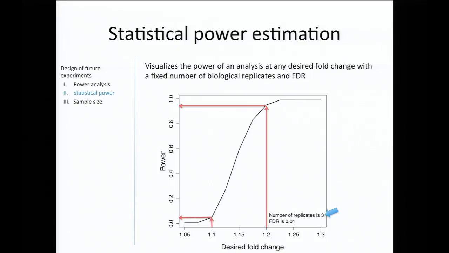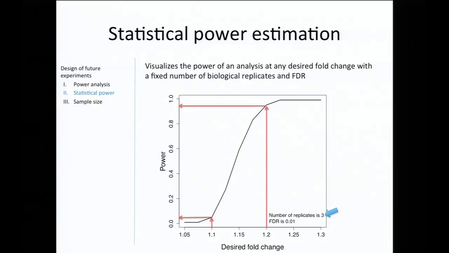So if you want to derive a statistical power estimation, you need to specify the number of replicates you have in your sample and the desired fold change and false discovery rate. And then what MSstats gives you is a plot where you can see the desired fold change with the power estimation on the y-axis.